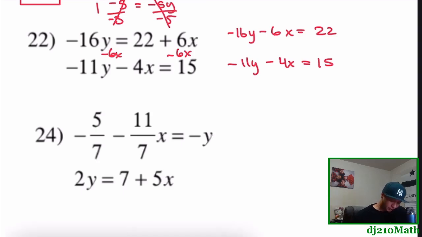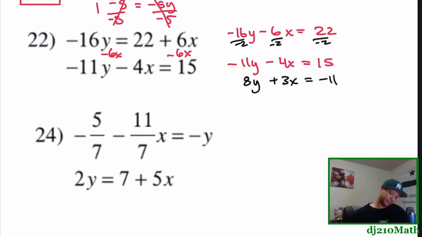So if I divide a 2 out, matter of fact, if I divide everything by negative 2, I'm going to get positive 8y plus 3x equals negative 11. Let me double check that because it is late. So 8, positive 3. Okay. All right, you want the numbers to be as small as possible, and you don't want to deal with large numbers.